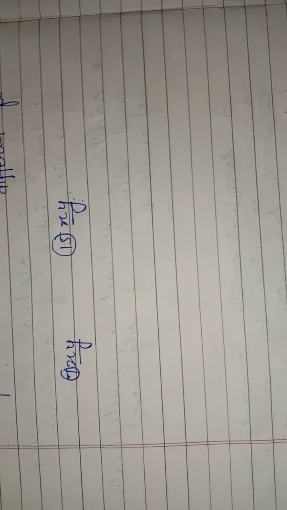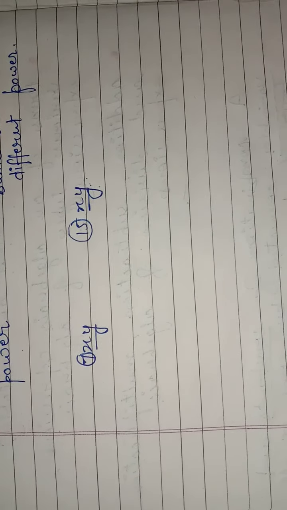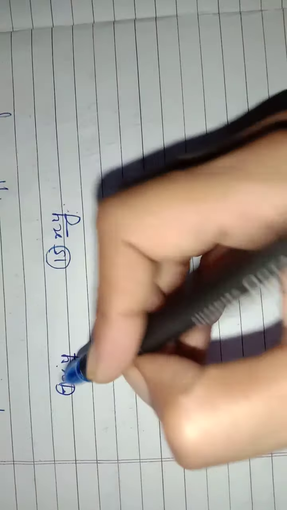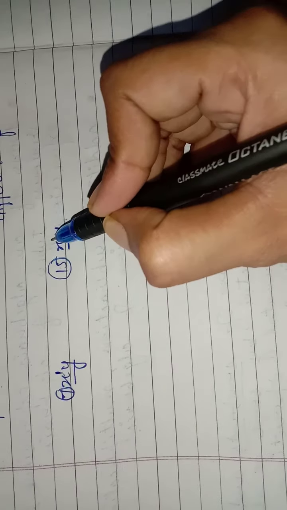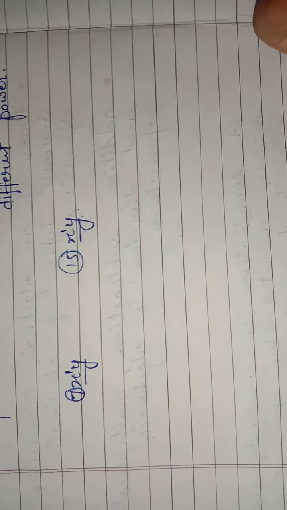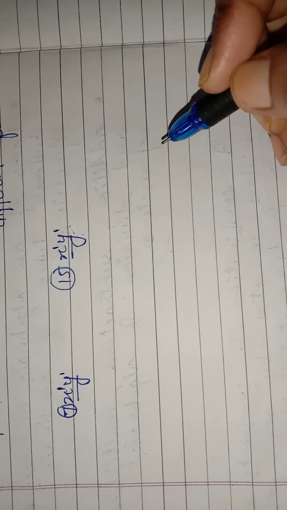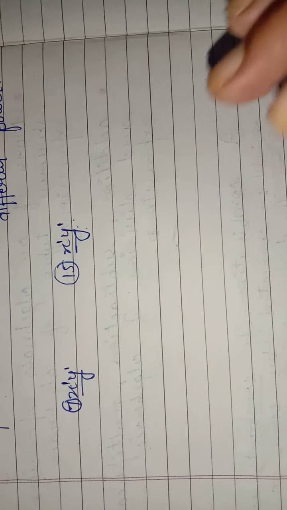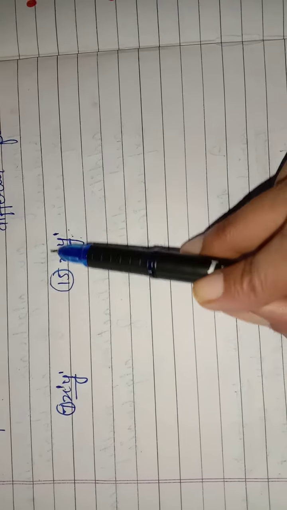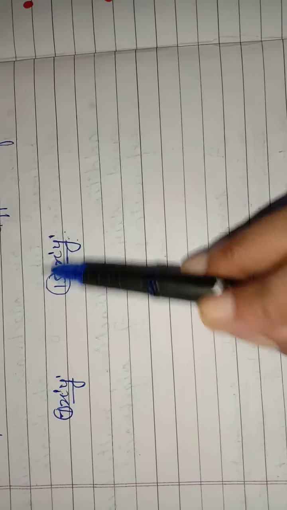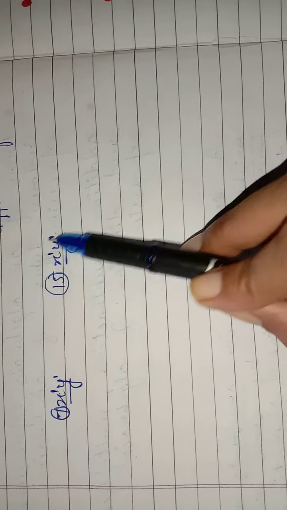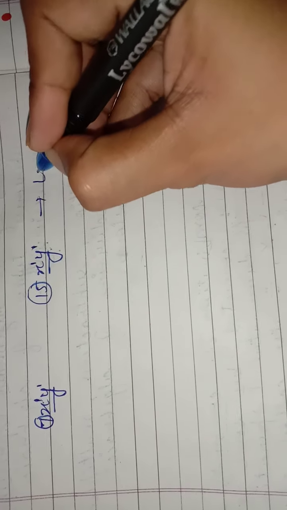The power of x in each case is 1, and the power of y is 1 in both. Both the variables have the same power. So, as both these conditions are satisfied, we can say that these terms are like terms.